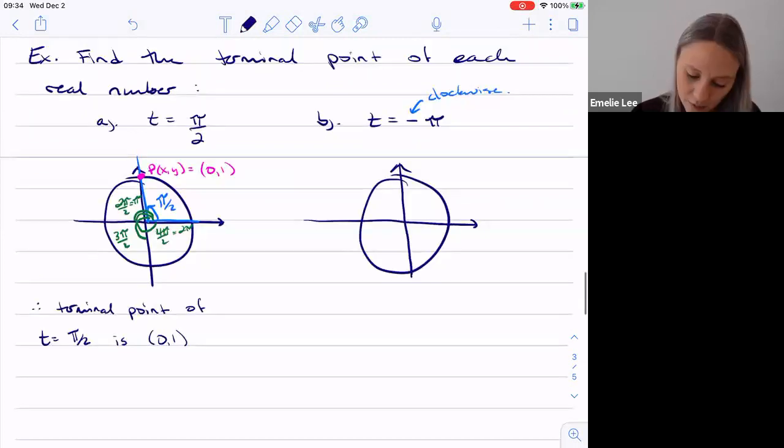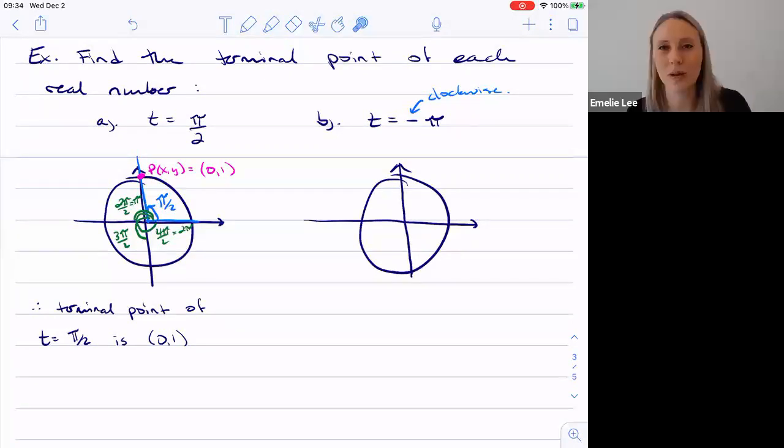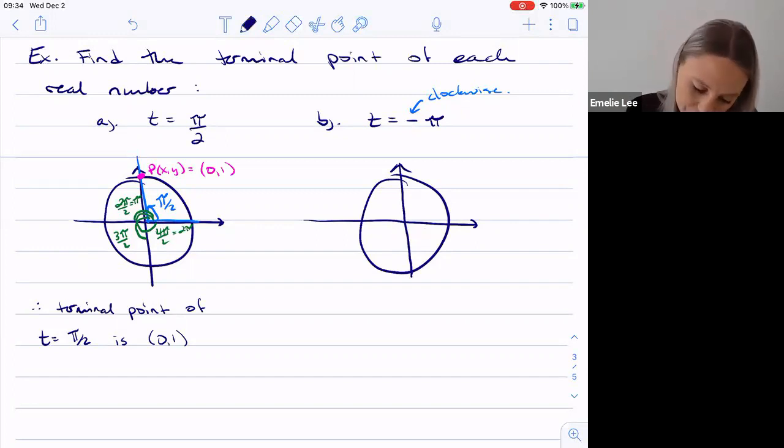Okay. Now we can do the same thing, just keeping track of these pretty basic quarter way marks: pi over 2, pi, 3 pi over 2, 2 pi. So now if I have negative pi, I know I'm going half a distance, but I have to go clockwise, because it's negative.